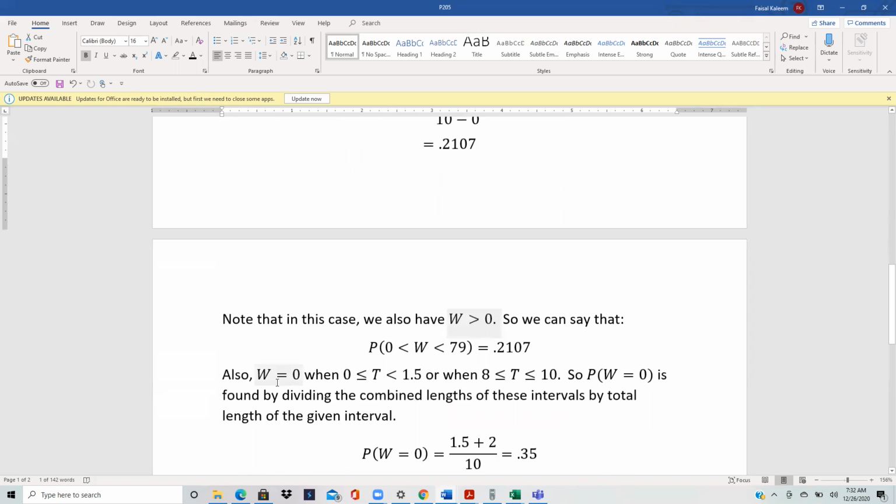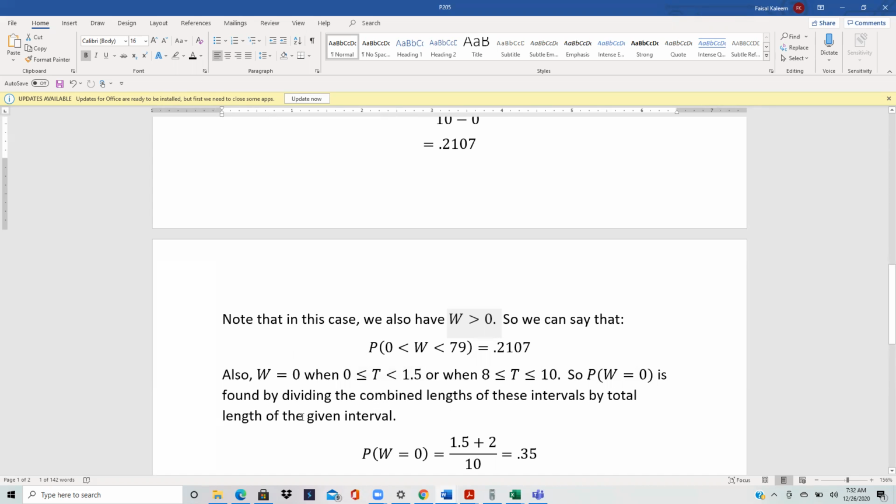So as I remarked earlier, W is 0 when T is in the first interval and in the third interval. The first interval was 0 to 1.5 and the third interval was 8 to 10. And so the probability of W equals 0, which is also a part of our answer because W equals 0 means it's less than 79.